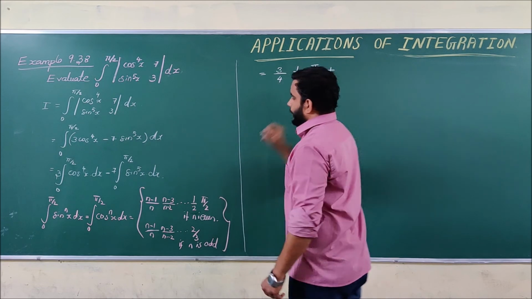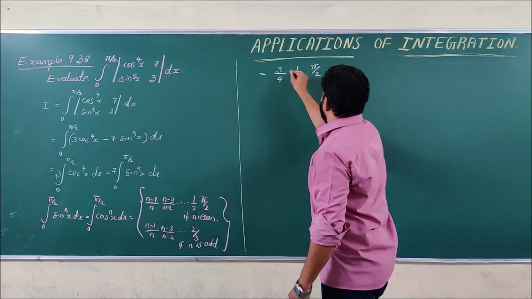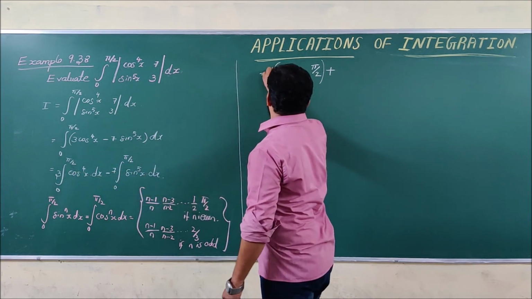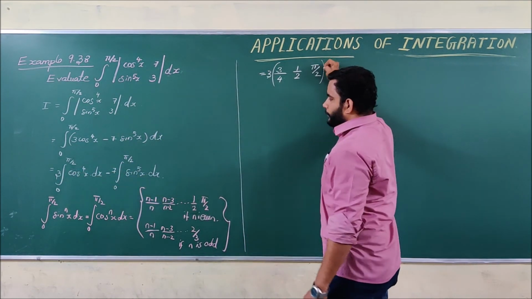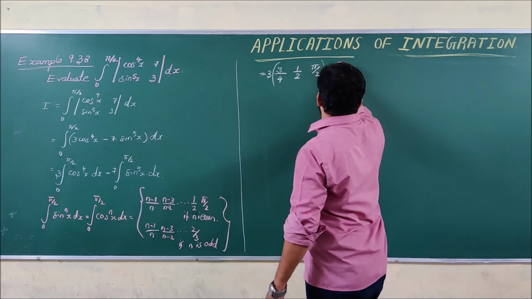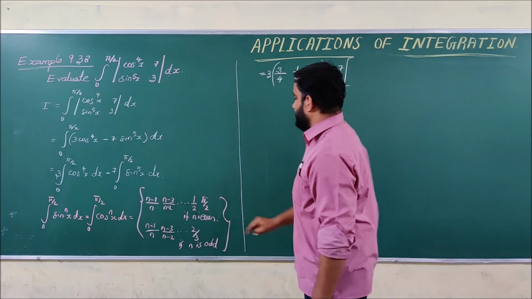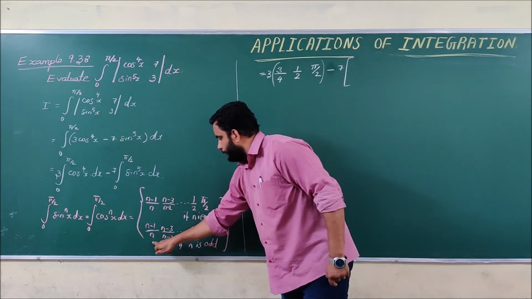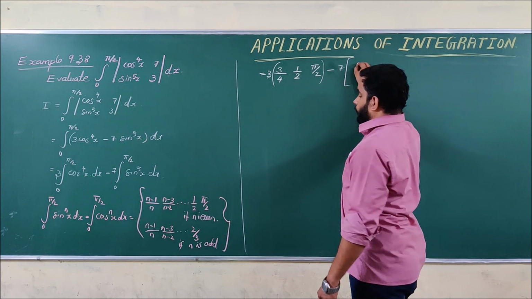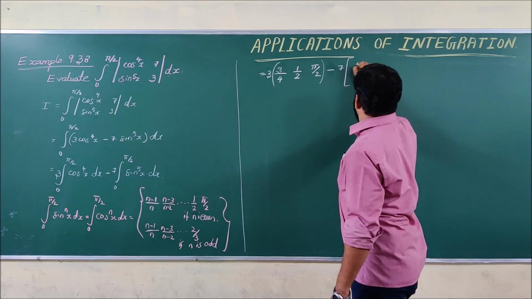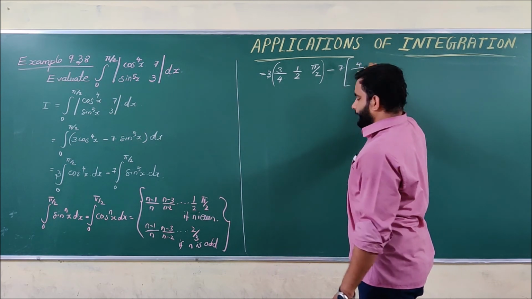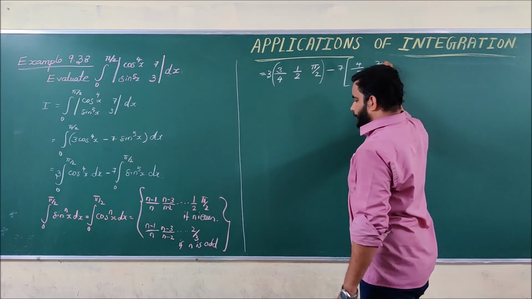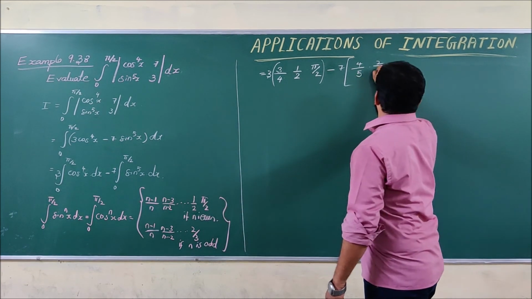Plus the second term is 3 times the integral. The second term is minus 7, so minus 7 into the formula for n equal to 5. So 5 minus 1 by 5, that is 4 by 5, into 5 minus 3 by 5 minus 2, that is 2 by 3.